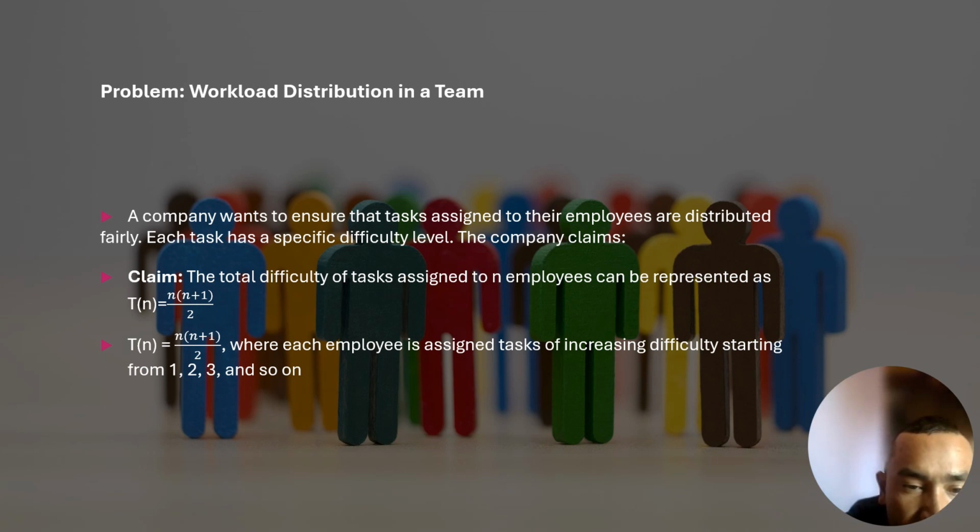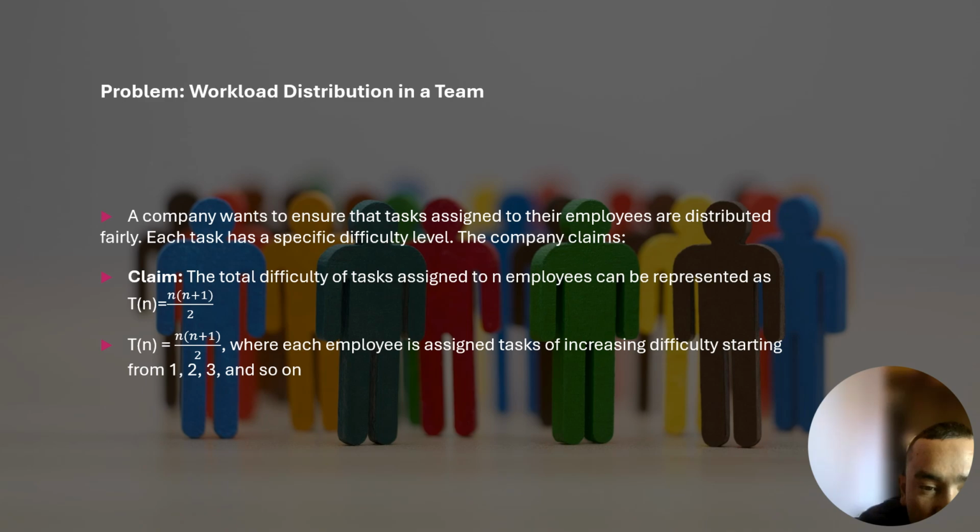The company claims that the total difficulty of the tasks assigned to the employees can be represented as Tn equal to n bracket n plus 1 upon 2, the formula we have given previously, where each employee is assigned tasks increasing in difficulty from 1 to 2 to 3 and so on.